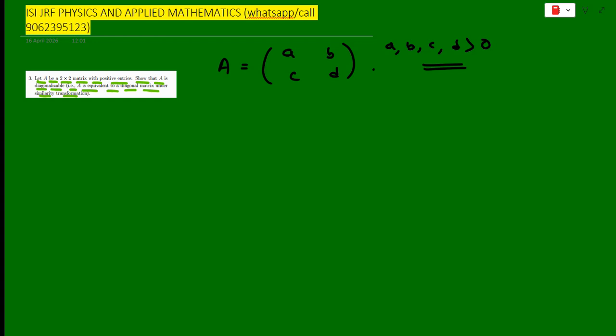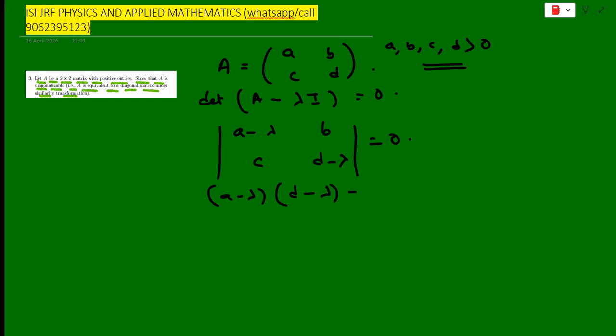Now the characteristic equation: determinant of A minus lambda I is 0. So the matrix is A minus lambda, B, C, D minus lambda, and its determinant is 0. So (A minus lambda)(D minus lambda) minus BC equals 0.